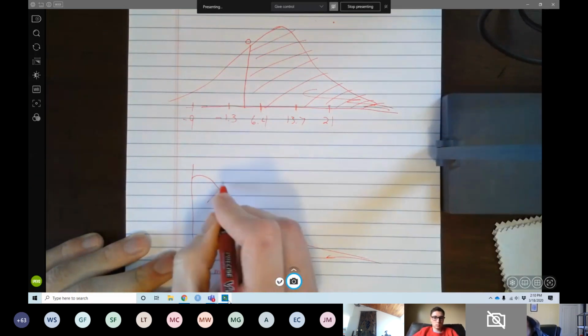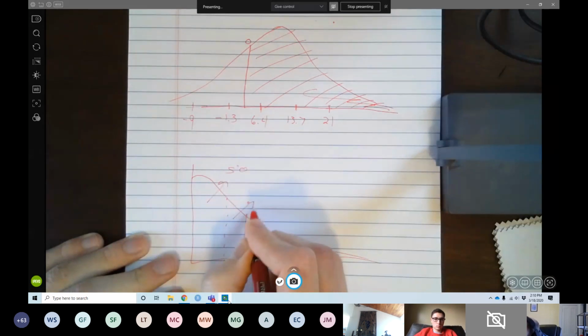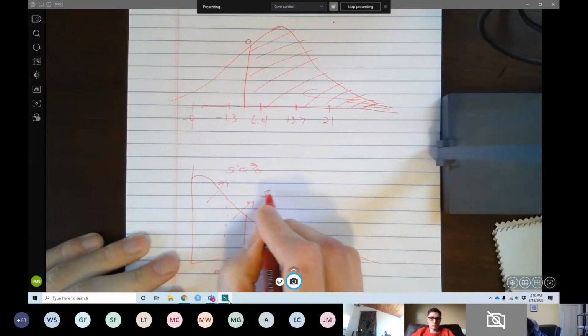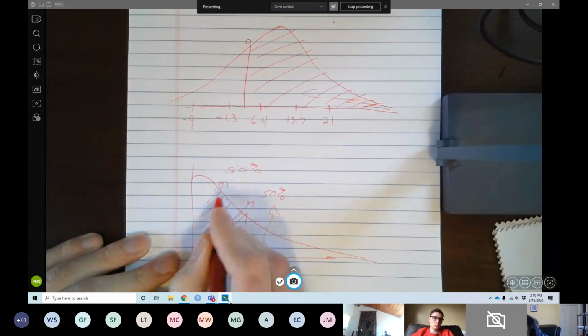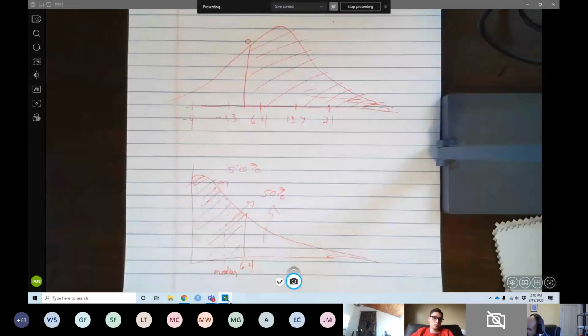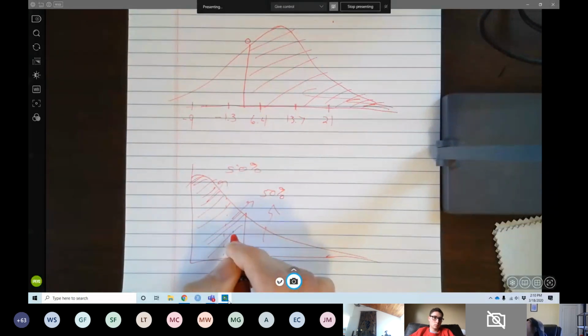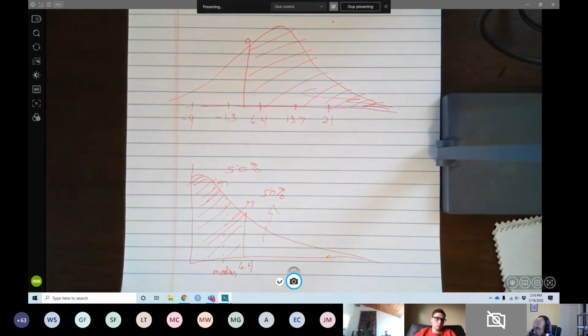And so this is going to be 50%, and this is going to be 50%. So if we want this whole area above, those two combine to make 50%. So if we want the total area here, then that'd be 50% plus something else. So a majority of states have a population less than 6.4 million people.